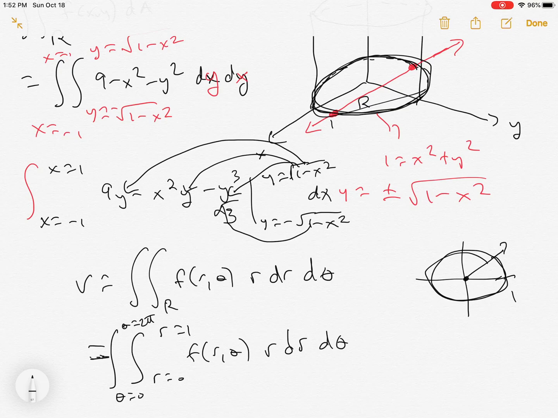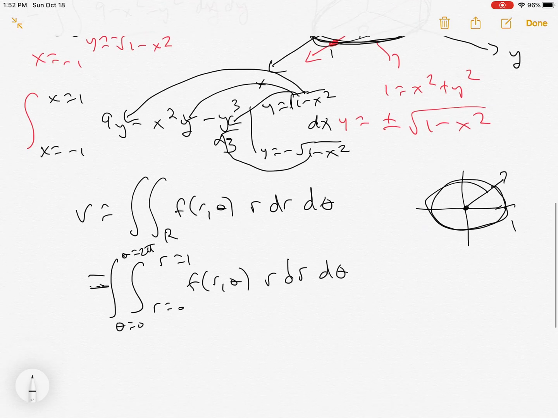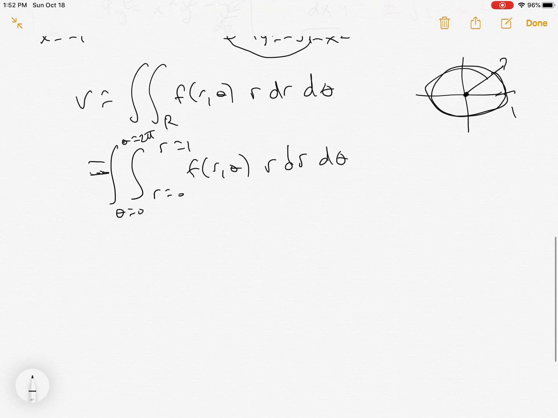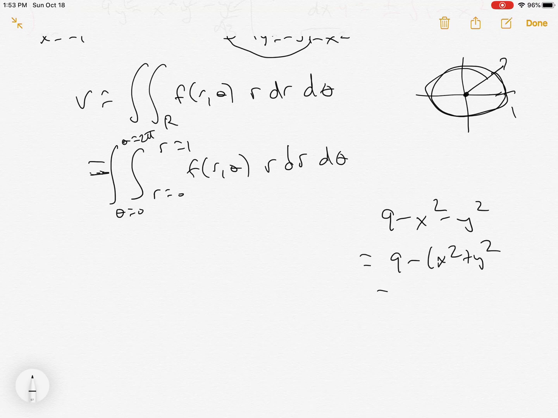Okay, and now we need to convert f from rectangular coordinates to polar coordinates. So let me do that as a subproblem here. We have 9 minus x squared minus y squared. This equals 9 minus x squared plus y squared, and this is 9 minus r squared.